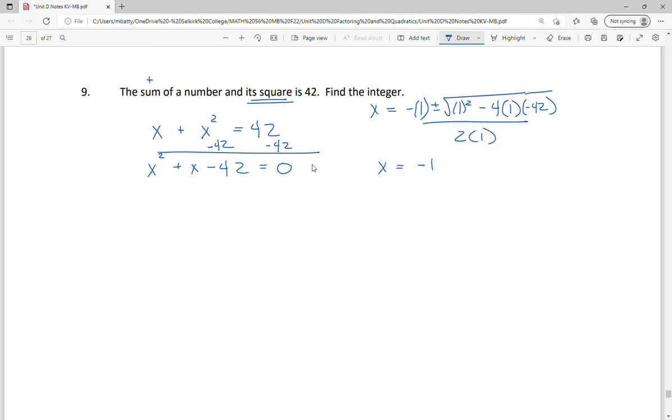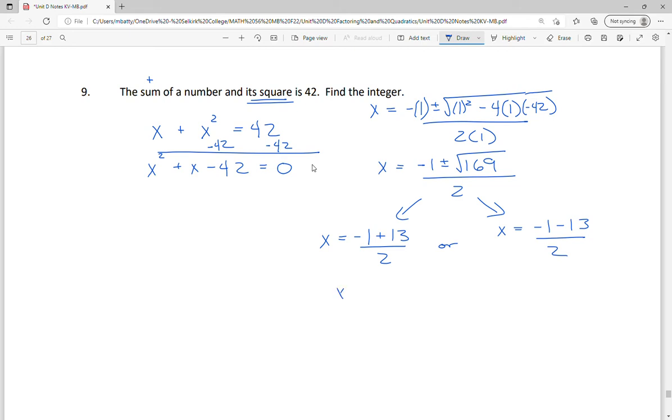Cleaning this up a little bit, using my calculator on everything that's underneath that square root sign, I get 169. And I can take the square root of 169, which is going to give me my two options. So x would equal -1 plus 13 over 2, or x would equal -1 minus 13 over 2.